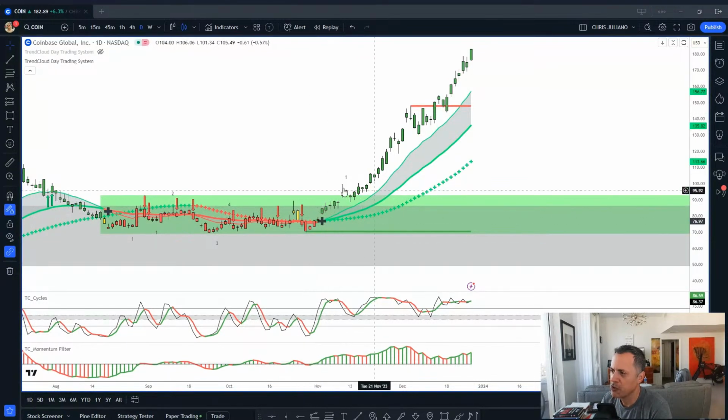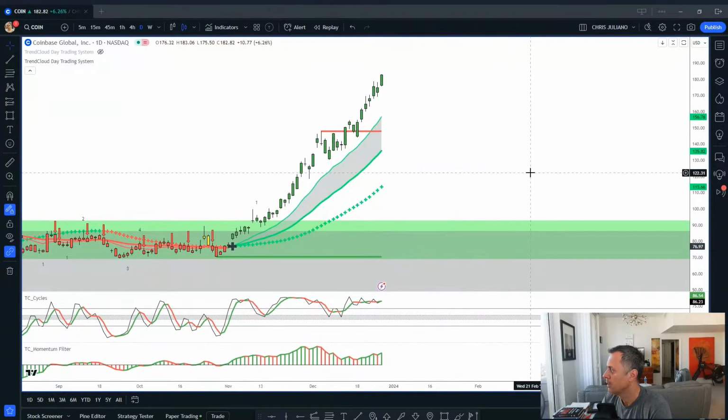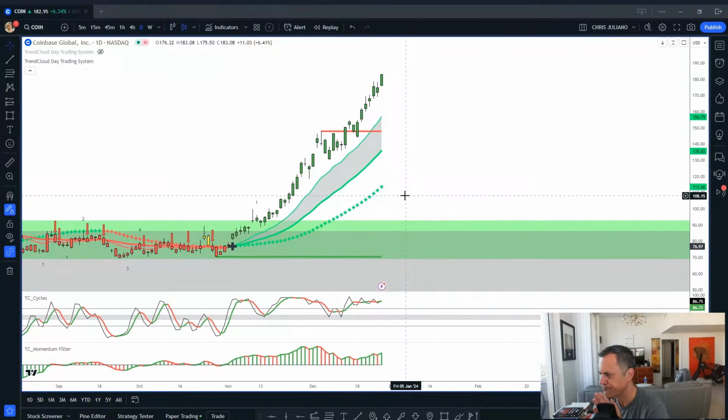So if you started accumulating Coinbase Global, which is a NASDAQ stock, in November, well, you did very well, okay? You did very well. And these are the buying opportunities that really produce long-term wealth, especially if you're buying those call options.